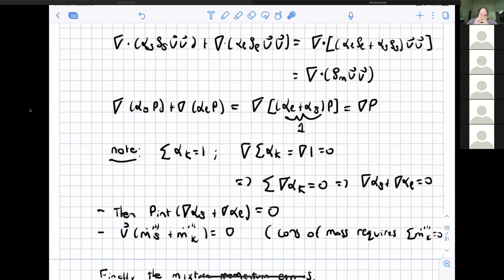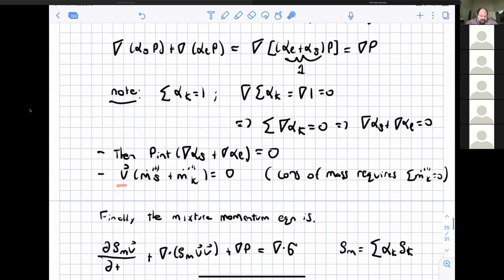Okay, so what this means is that the interfacial term with the gradient of alpha G and the gradient of alpha L goes away. And there are several other terms like that that also disappear in the governing equations. Then, what do we do with this term here? We had a velocity times the mass addition to the gas, plus the mass addition to the liquid. That should be liquid, not gas.